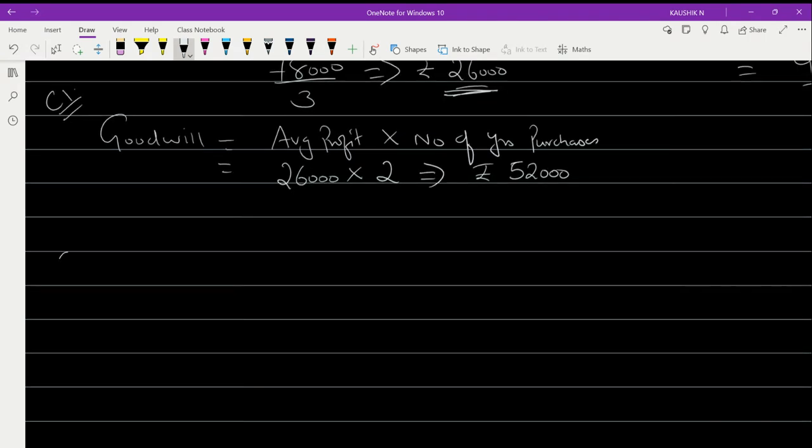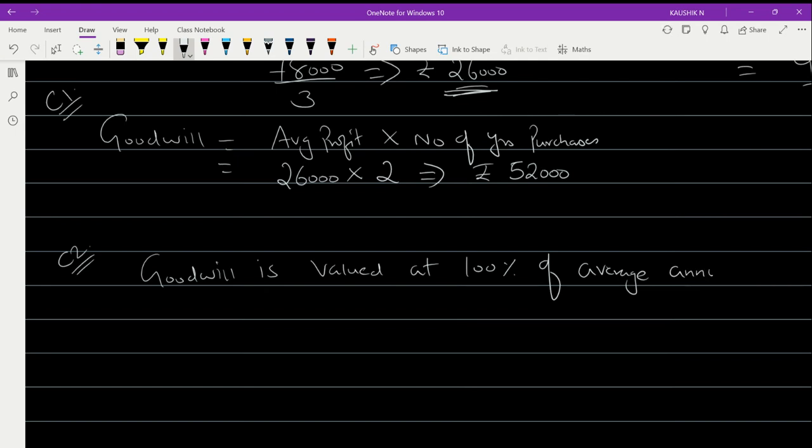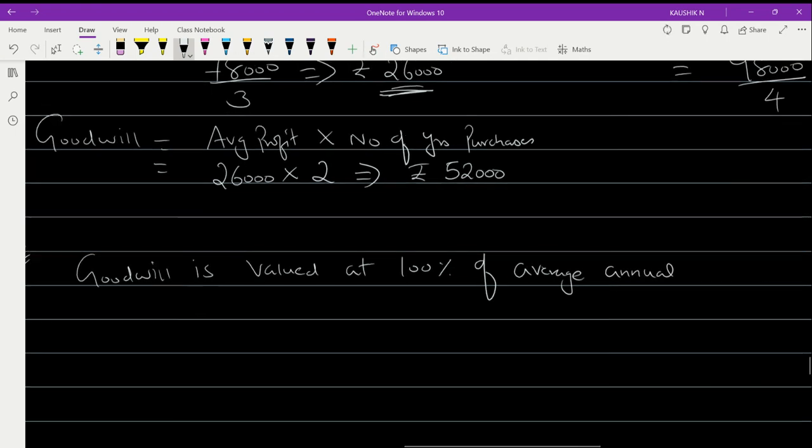Case 2, I am saying goodwill is valued at 100 percentage of average annual profit of 3 or 4 years, whichever is higher.